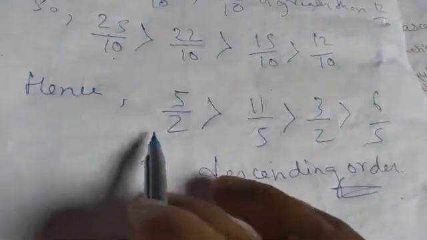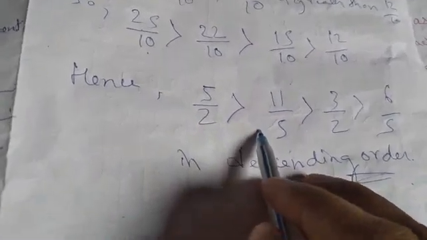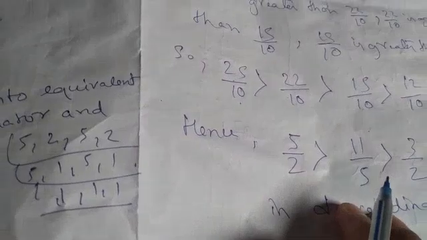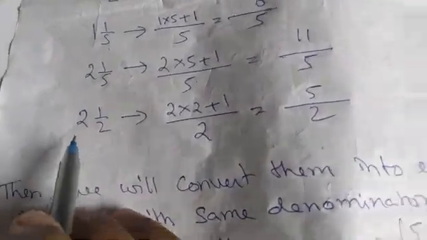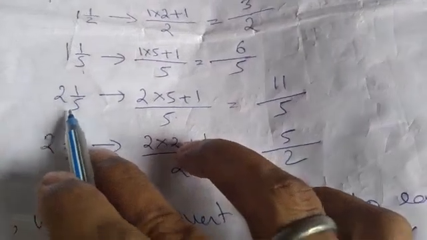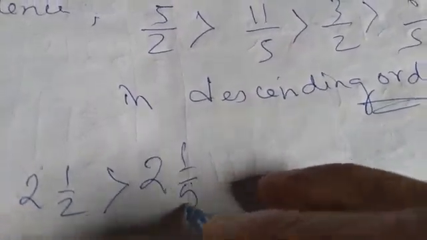Now one thing more we have to add. We have written them in proper form, but we have to write the answer in mixed form as given in the question. 5 by 2 is 2 1 by 2, which is greater than 11 by 5, which is 2 1 by 5.